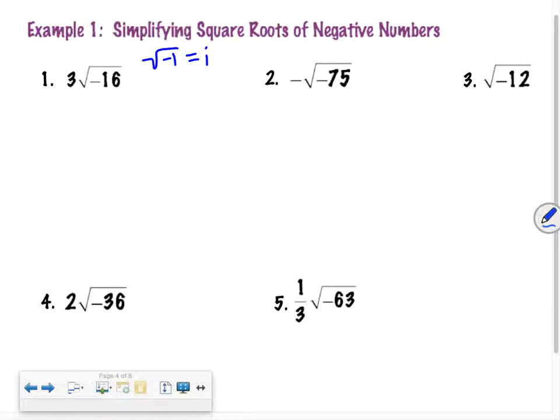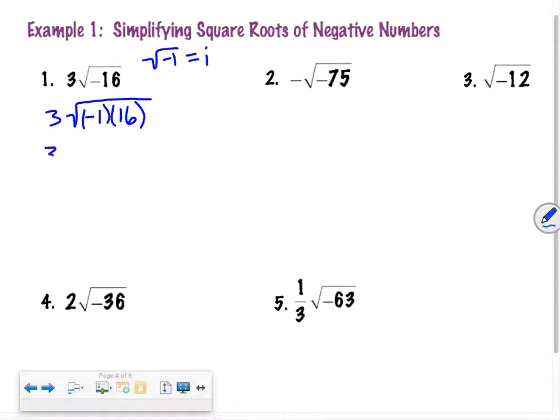So on number 1, you could rewrite this as 3 times the square root of negative 1 times 16. The reason you can do that is because negative 1 times 16 is negative 16, so we haven't changed the problem at all. We've only factored out the negative 1.